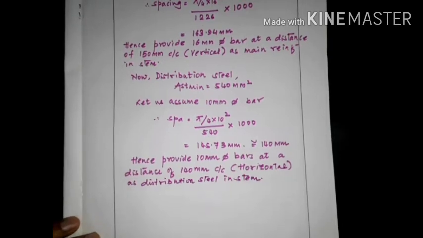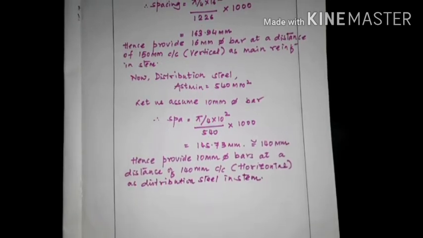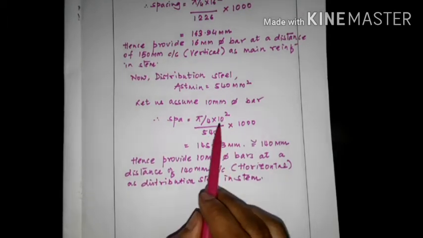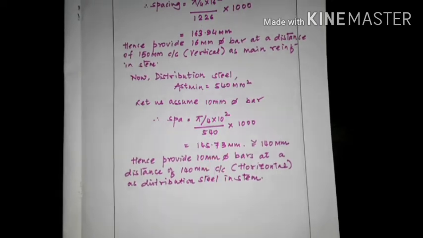So the main reinforcement calculated with respect to bending moment should be provided in vertical direction, and the distribution steel with respect to AST minimum should be provided in horizontal direction. So this is regarding the detailing part of stem.